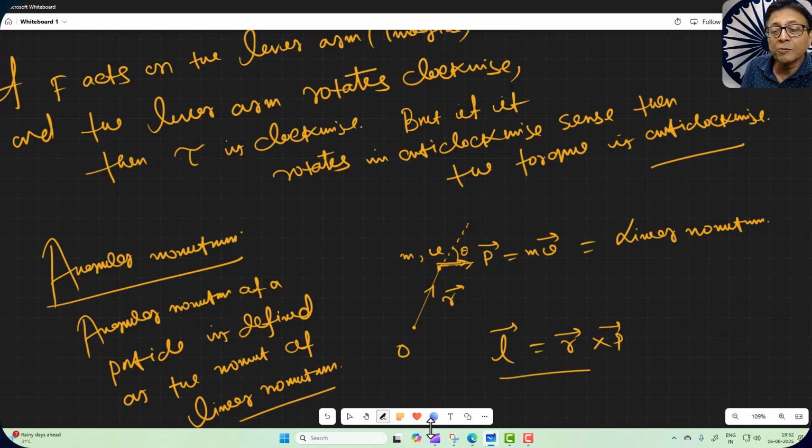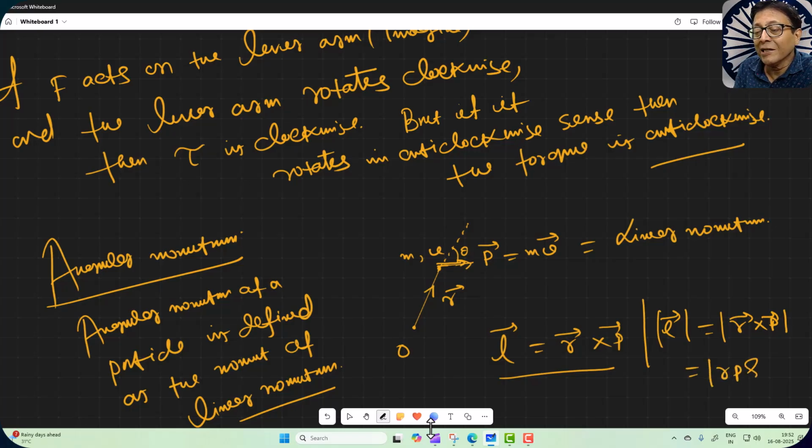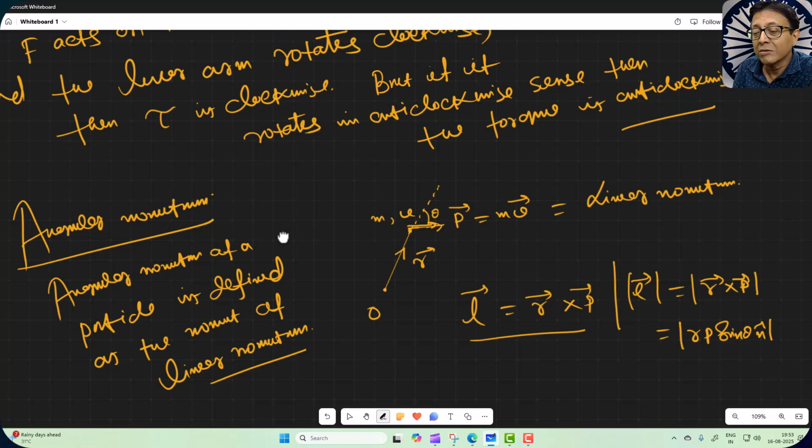Again, you apply the cross product rule, you will get the value of R cross P. But if we take modulus, then mod L is mod R cross P. This will be mod RP sin theta n cap. Modulus of n cap will be 1. So this is just RP sin theta. This is just P into R sin theta. R sin theta is what in this diagram?